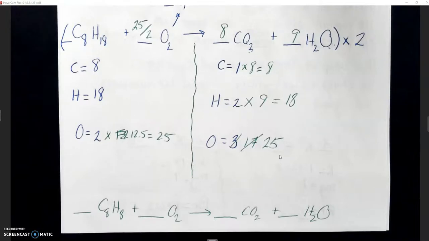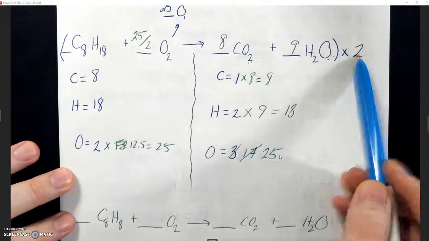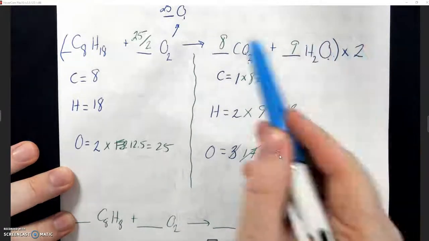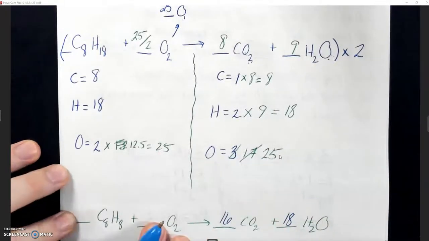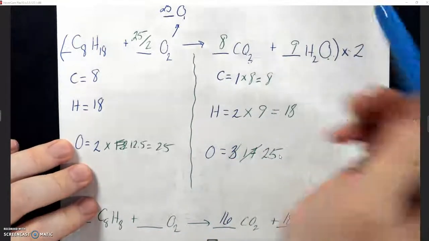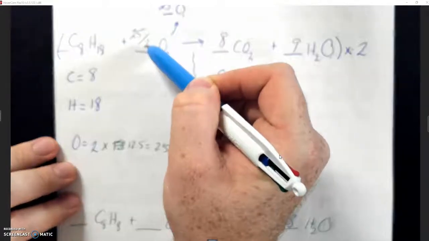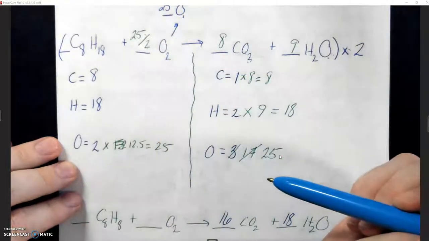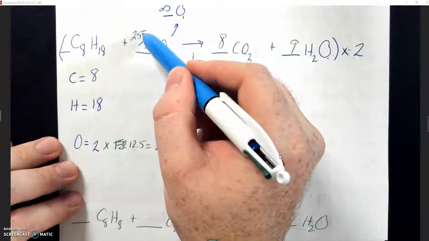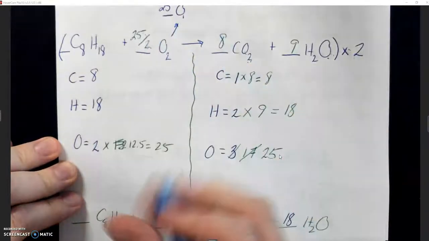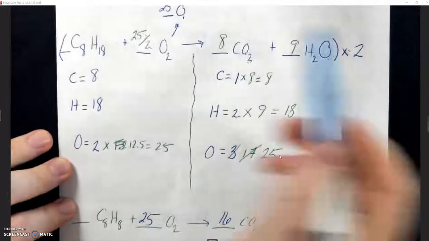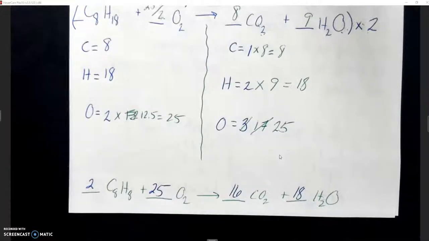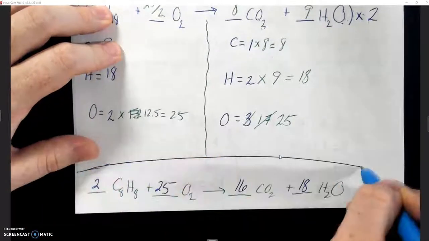Alright, let's go through this. 2 times 9 is 18. 2 times 8 is 16. 2 times 25 divided by 2 is just 25 because those 2's cancel each other out. Or you can think of it this way: 2 times 25 is 50, divided by 2 is 25. 2 times the implied 1 right here is 2, and there is your balanced combustion reaction.